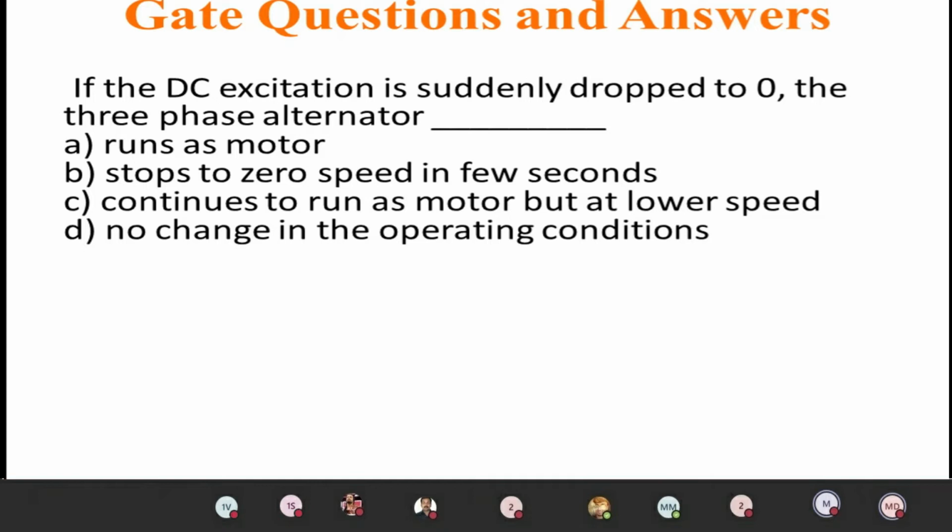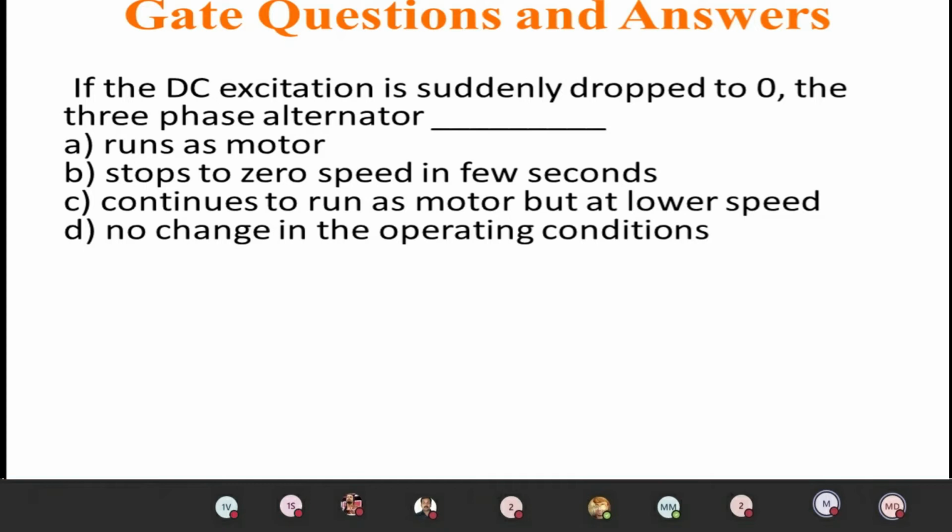Ns is equal to 120 f divided by P, that is 120 into frequency divided by the number of poles. Then the supply is given to the stator. Suddenly it comes into magnetic locking, and the magnetic locking keeps the motor at synchronous speed.